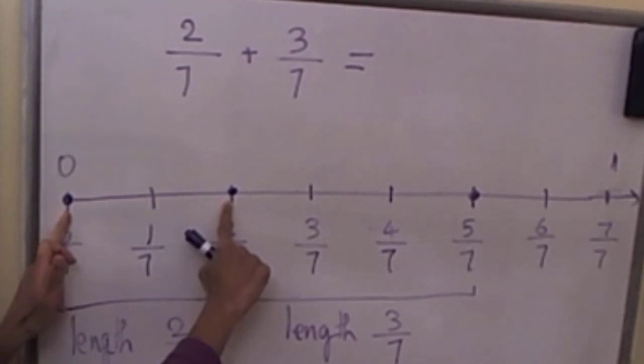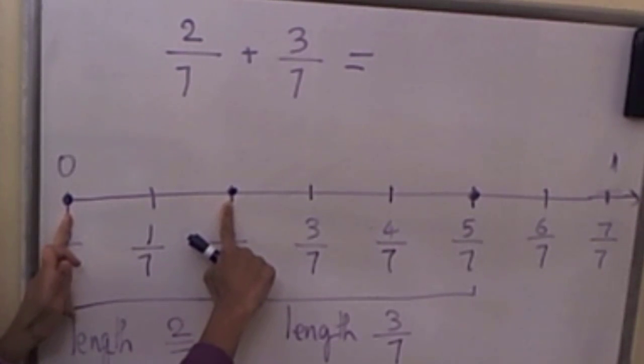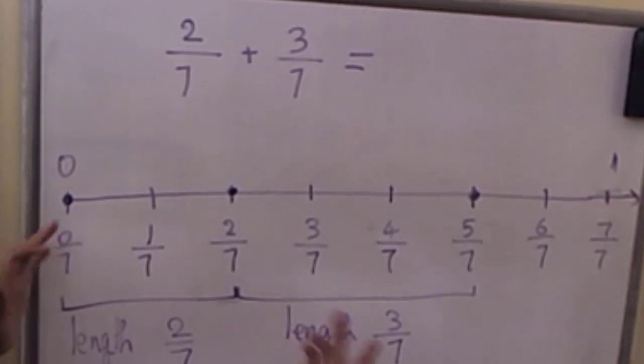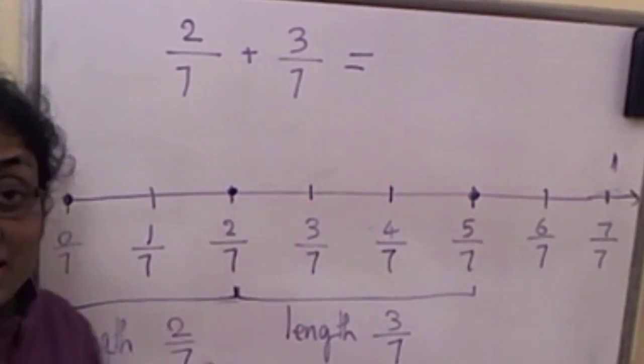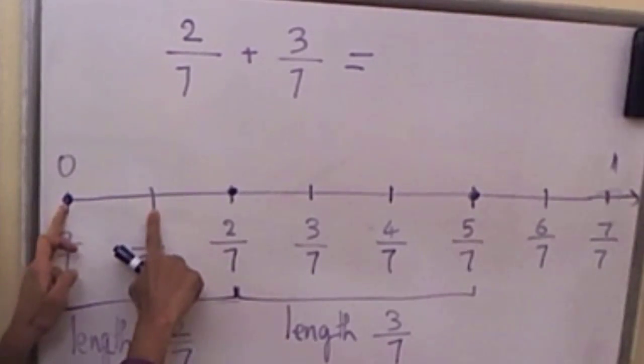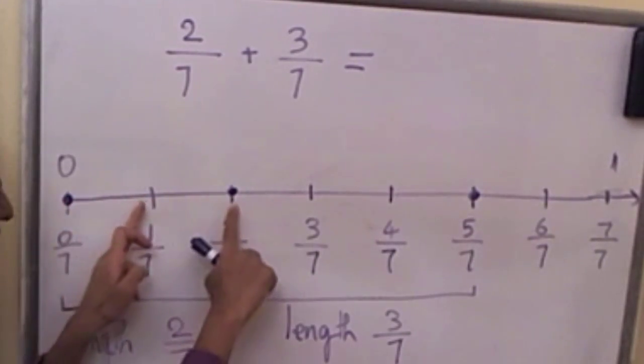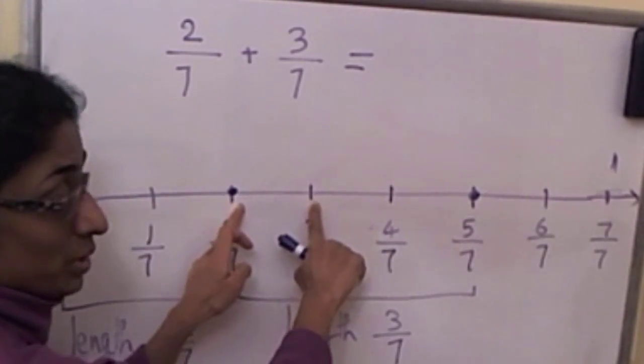The length of this segment, we said, is also 2 over 7. That's our agreement. Each of these tiny segments has length 1/7. So this is a copy of 1/7, this is a copy of 1/7, and so on.